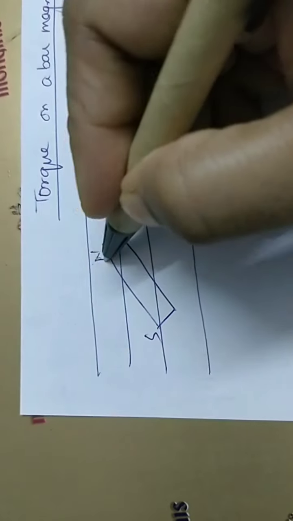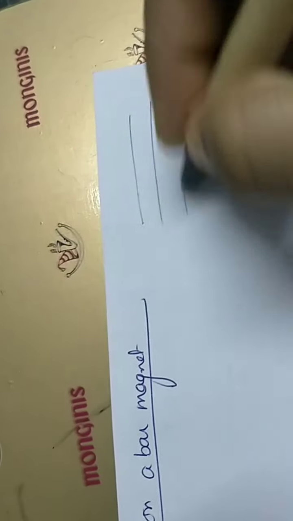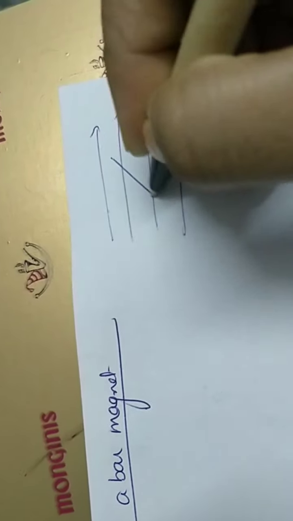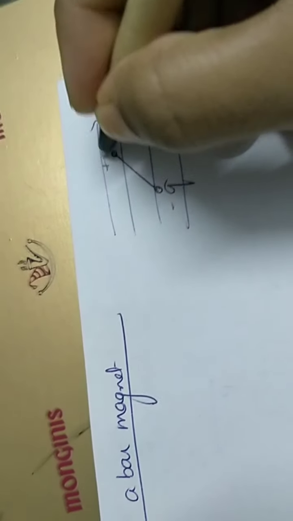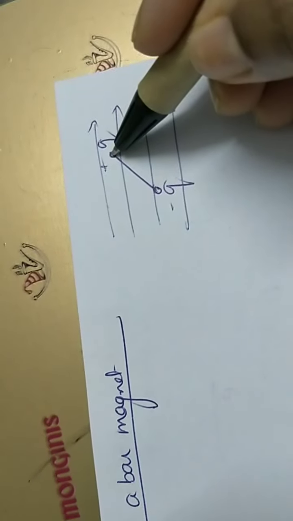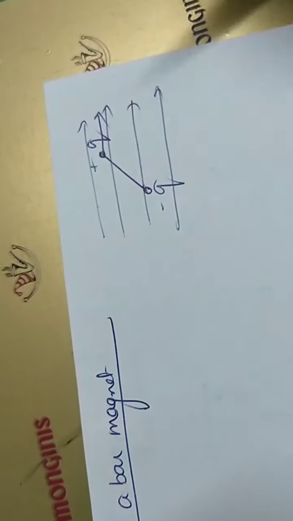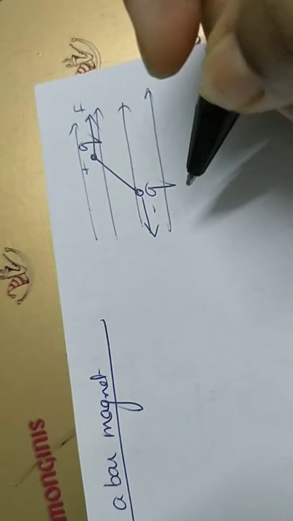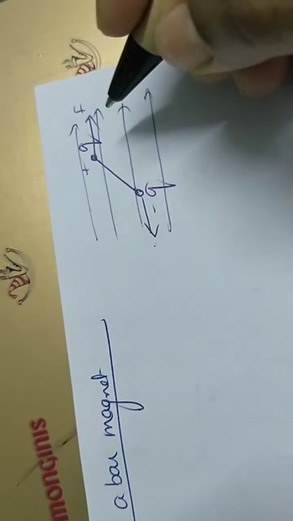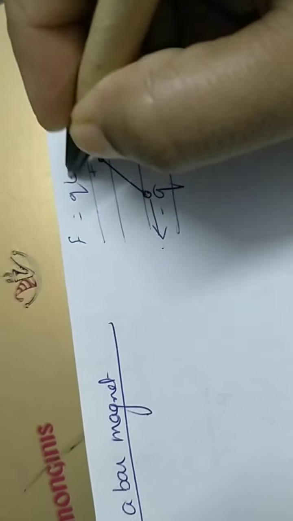Now you know that in electrostatics, if you have an electric field and an electric dipole, the plus q had a force in the direction of the electric field, and the negative charge had a force opposite to the electric field, and the force expression was qE.